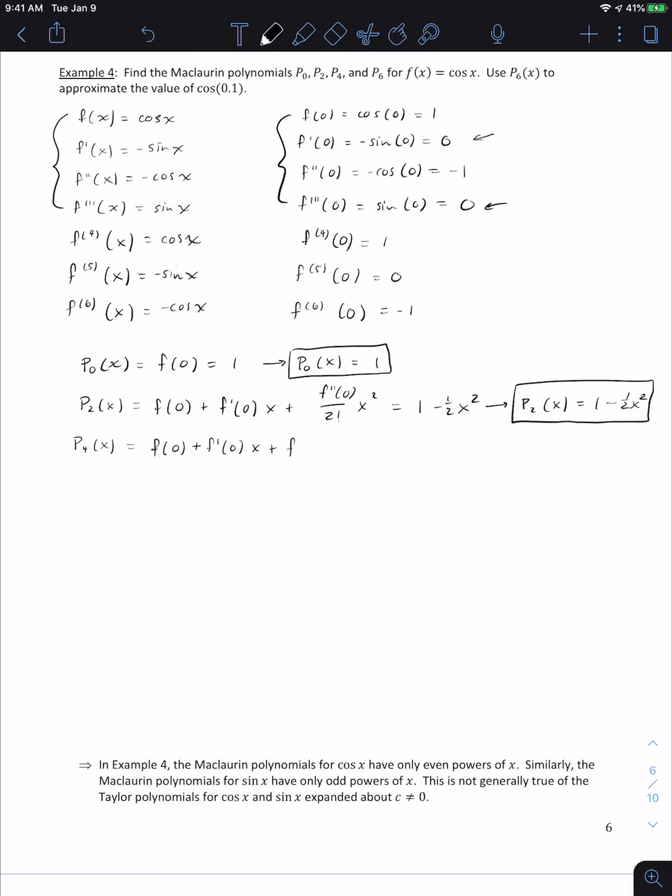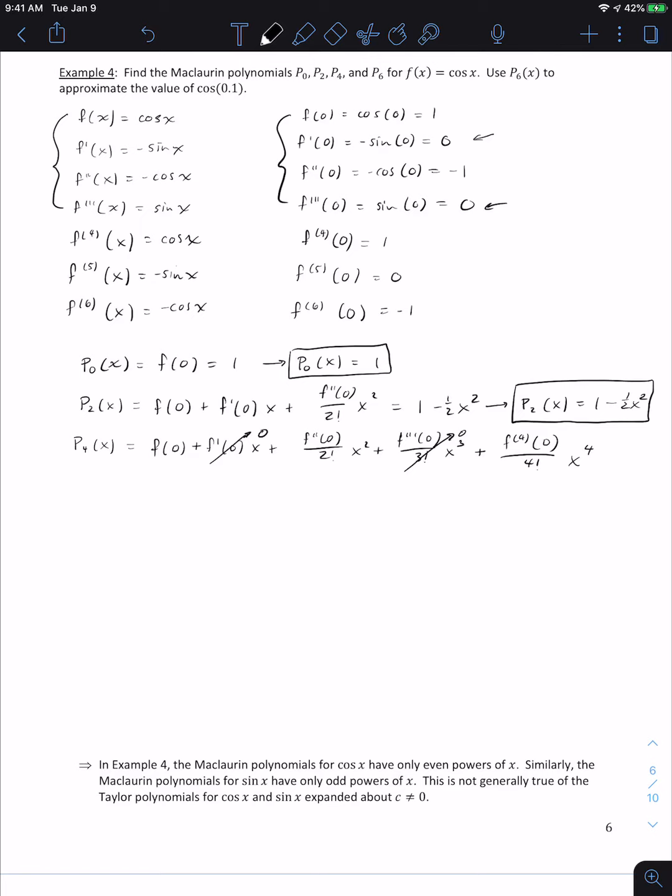Okay, so again, now we're back where we left off. So f double prime at 0 over 2 factorial x squared plus f triple prime at 0 over 3 factorial x cubed plus f, the fourth derivative of x at 0 over 4 factorial x to the fourth. But again, I know the first derivative and the third derivative are 0, right?